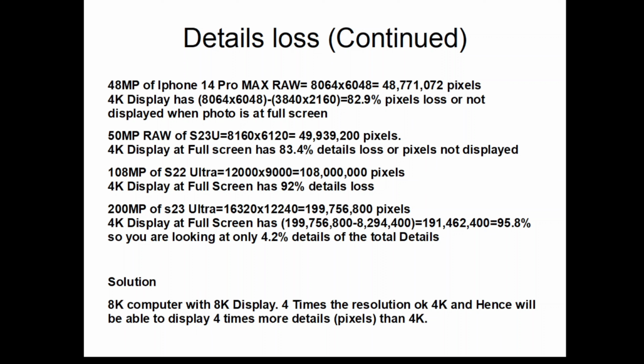So when they were doing the comparison before, they were actually looking at only 8% of the total pixels, compared to almost 70% of the 12 megapixel. So for sure, 12 megapixel may look better on a 4K display once it's at full screen. 200 megapixel even worse. So now you have a loss of 96% of display at full screen when you're looking at it on your 4K.